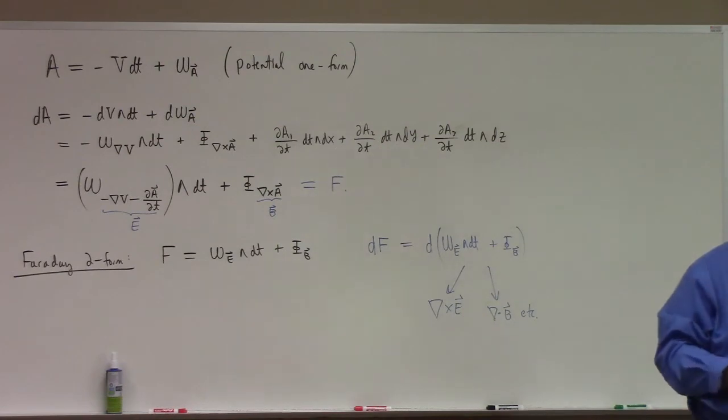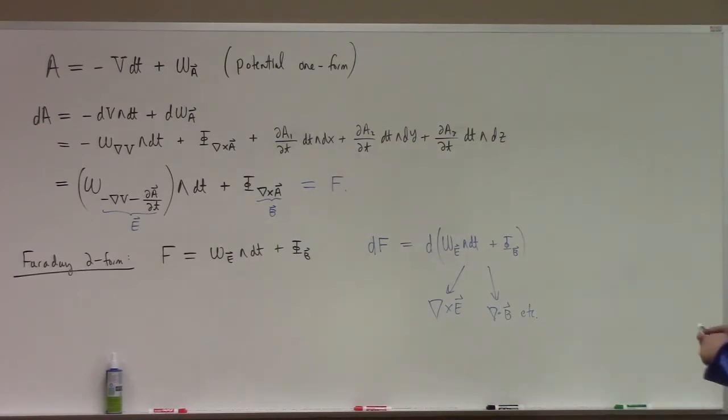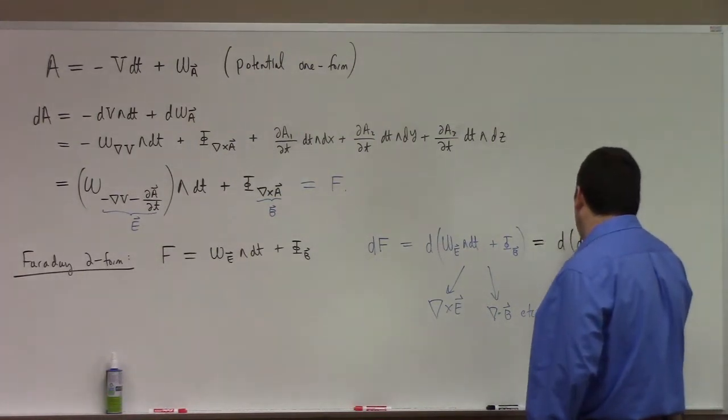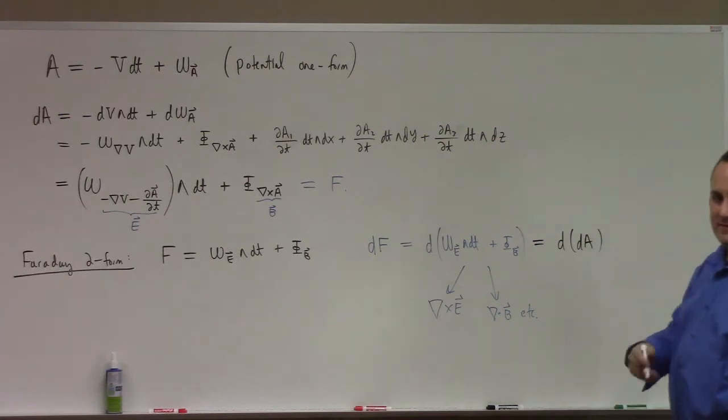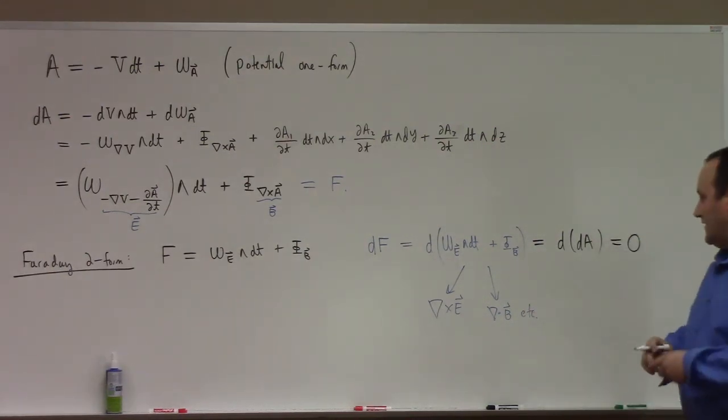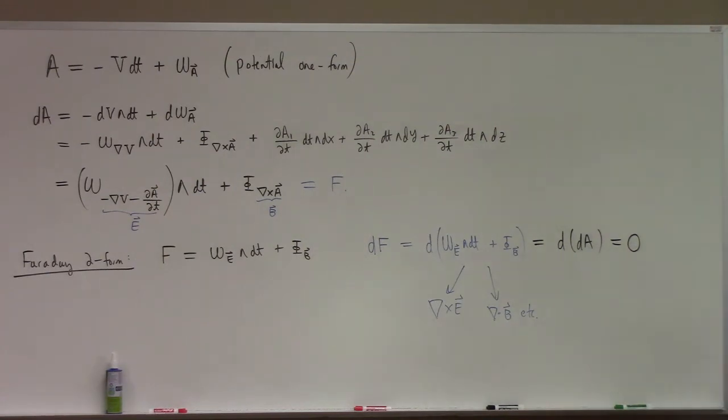But why is that 0? Yeah, this is d of dA. So d squared is 0. So the Faraday tensor has to have an exterior derivative 0 because it is an exact form. It's the exterior derivative of the one potential.